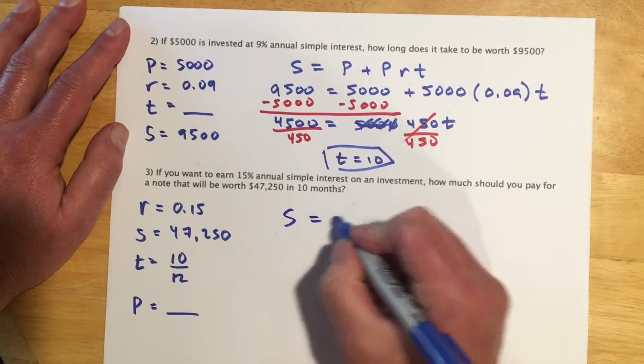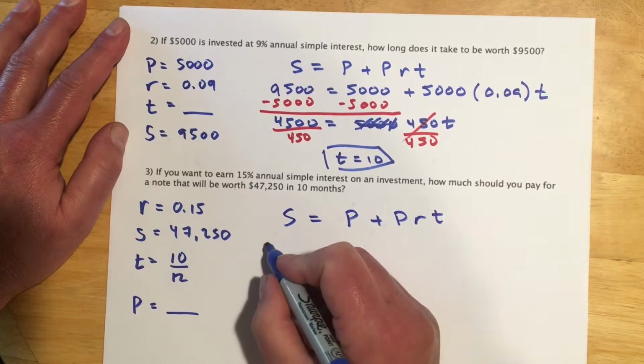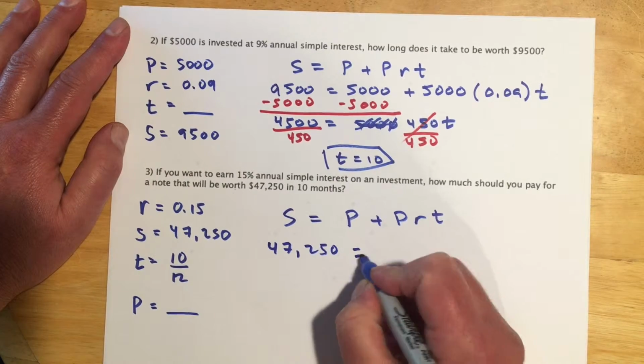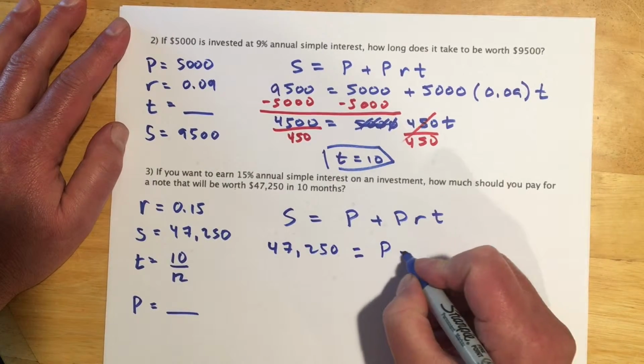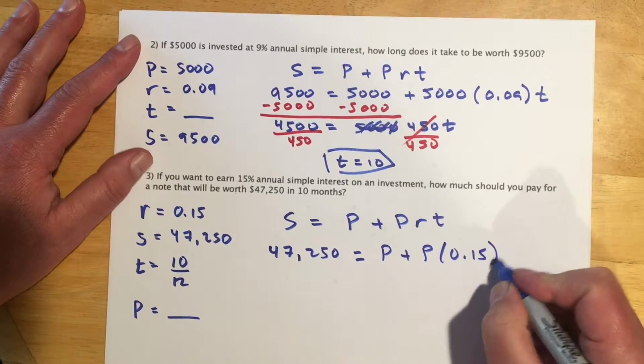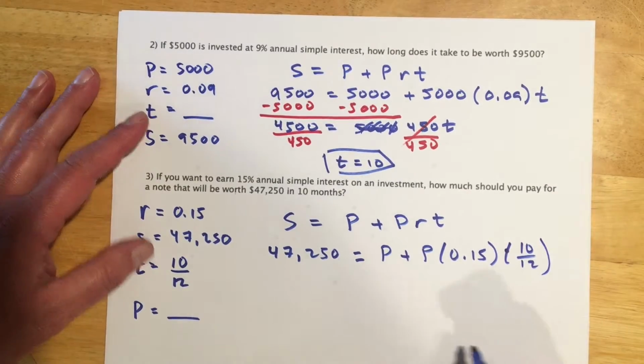So again, S equals P plus PRT. And we know S. We do not know P, so P plus P, R 0.15, and T is this 10/12ths.